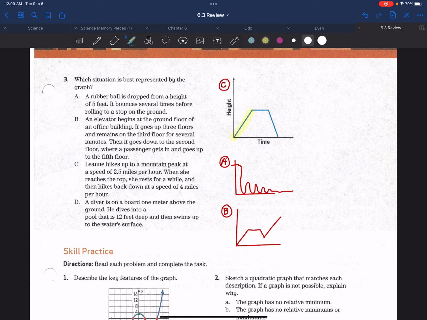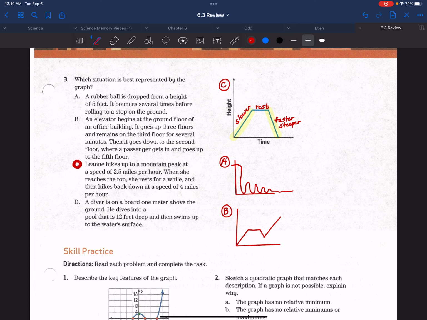You see how that slope is not as steep as this one? That indicates to me that this is a slower speed and that this is faster. The steeper the slope, the faster the speed. This is where she rested. So C is the one you want.